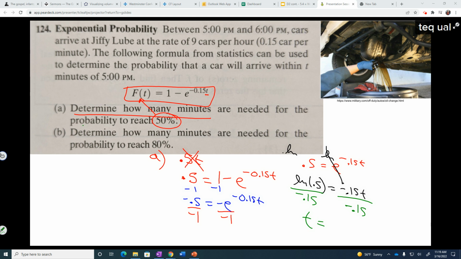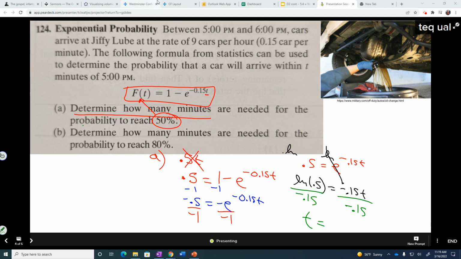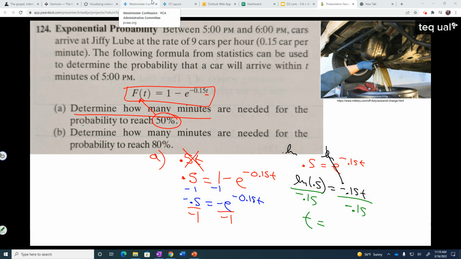Plug it in. All right, so you should get 4.62 minutes.